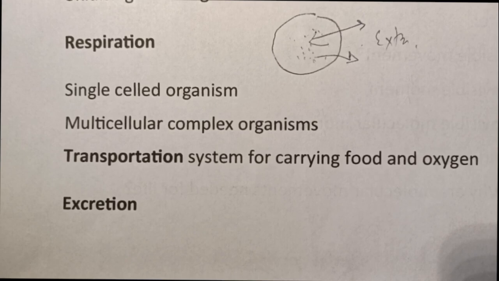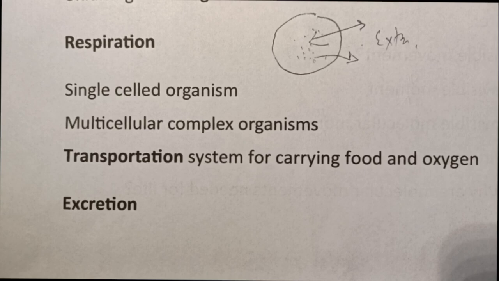This makes it necessary that these complex food products and carbon dioxide and oxygen and waste products need transport from one part to the other part, because simple diffusion is not sufficient for this process. Now, this transportation system involves the cardiovascular system, that is the heart and its blood vessels.